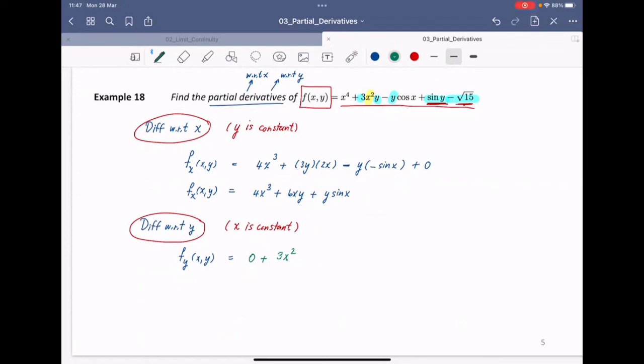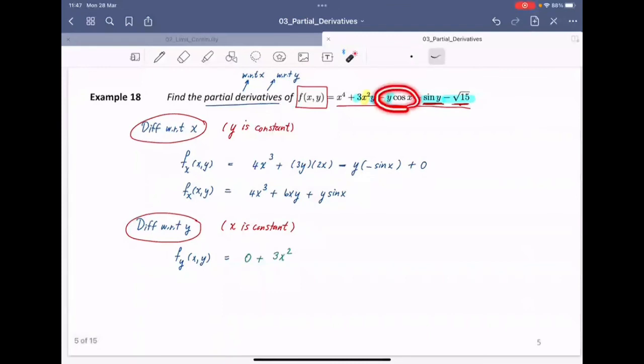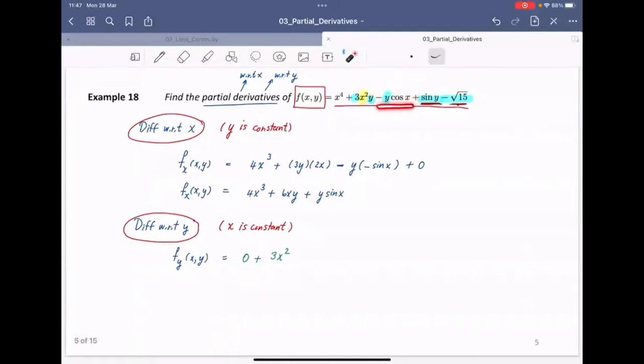You differentiate any constant times y, you get that constant. So that constant is 3x squared. And then the next one, negative y cosine x, where cosine x is constant. You just differentiate and you get negative cosine x.